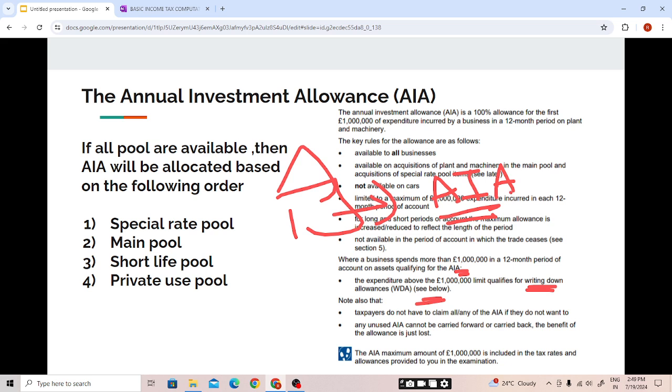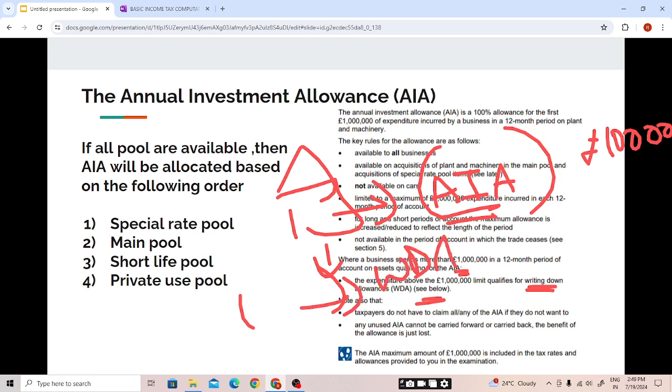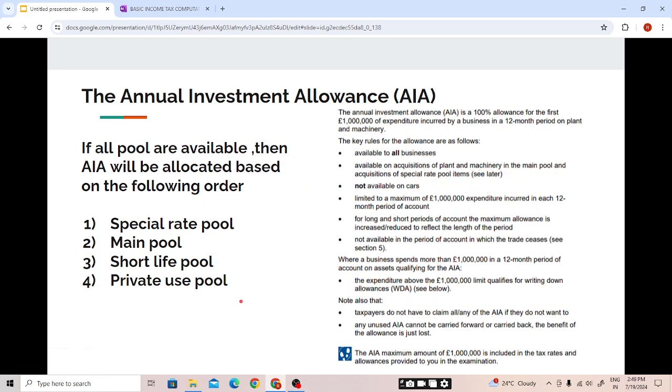If the AIA limit has been used, that is 1 million pounds, and we have purchased more than 1 million pound, the excess amount will be eligible for WDA. WDA means writing down allowances. So the writing down allowance will be available for the excess amount of more than 1 million pound.